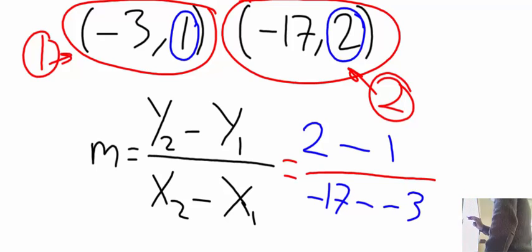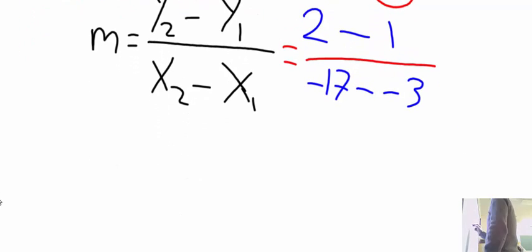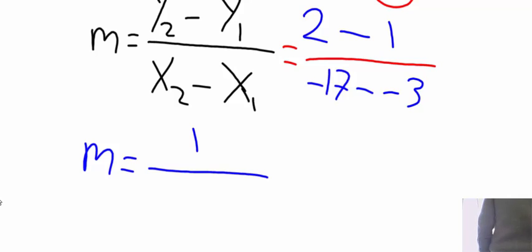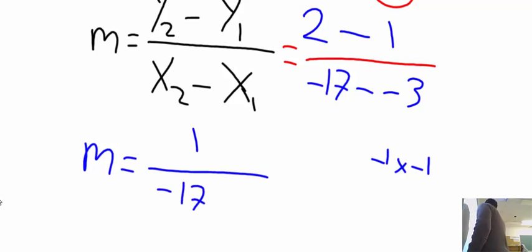That makes this a multiplication. m equals 2 minus 1 is 1. But how about that? Minus 17 minus 3. We got 2 signs next to each other, so we have to multiply. You can think about this as minus 1 times minus 1. You can use the calculator or not. Negative 1 times negative 1 is plus.